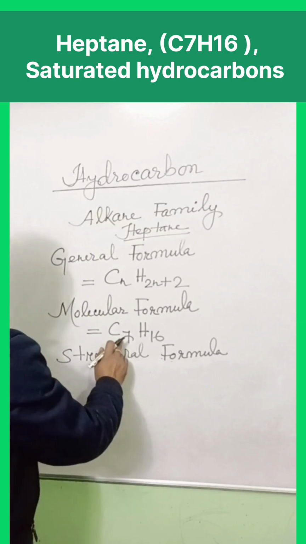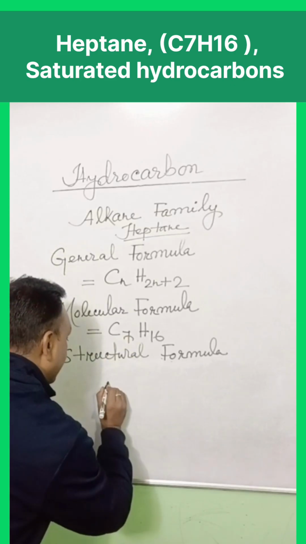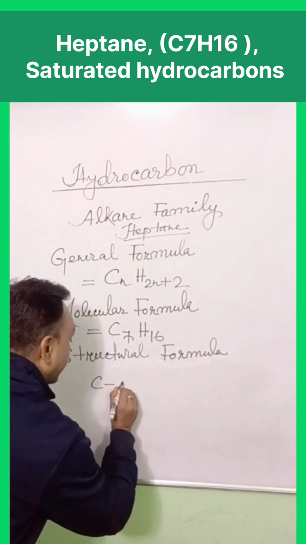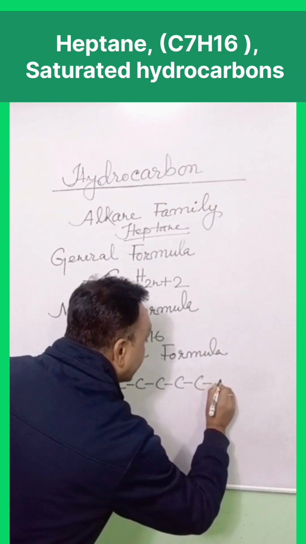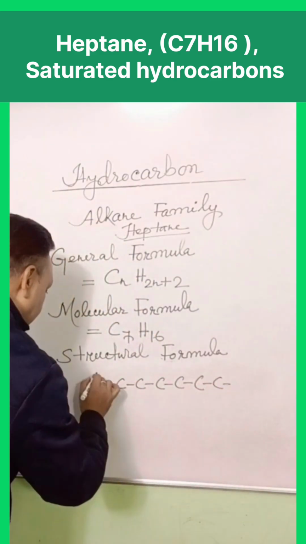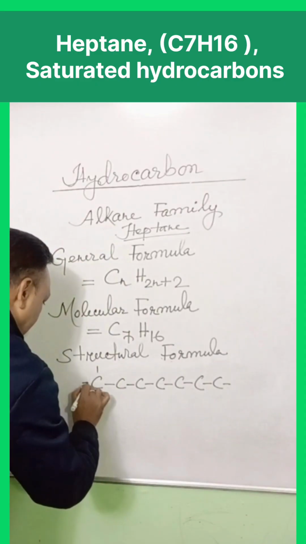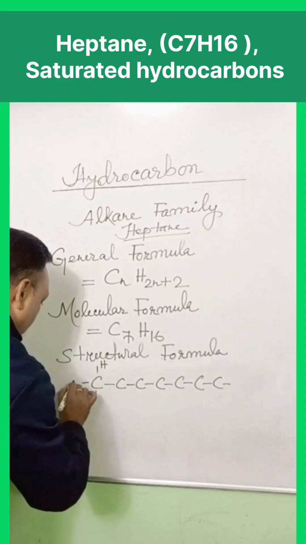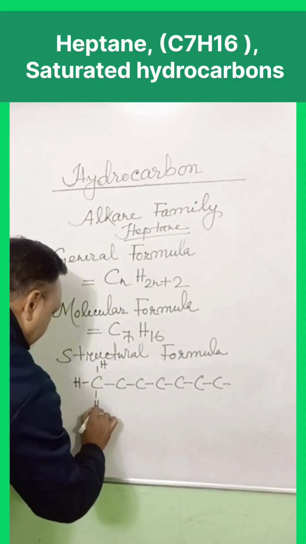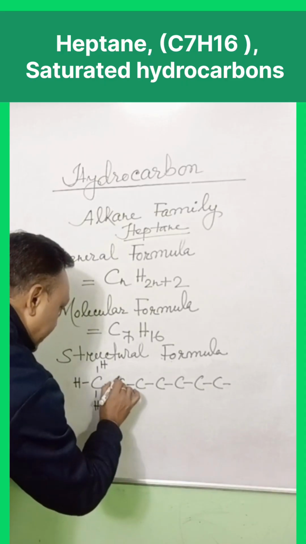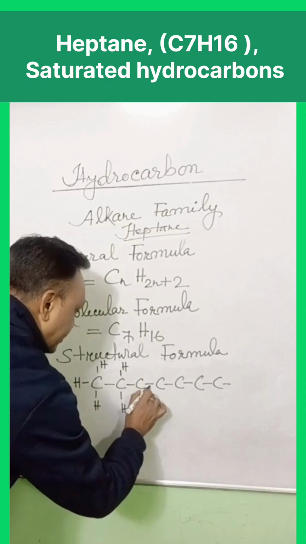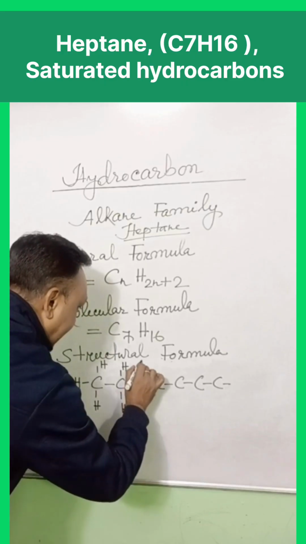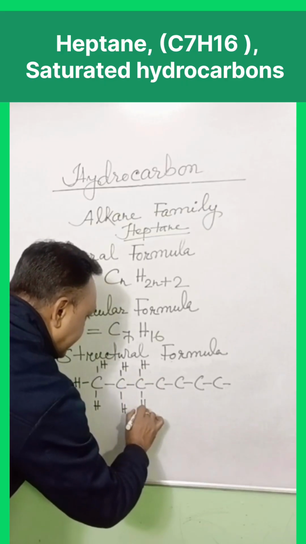Since the number of carbon atoms is 7, directly I will write the 7 carbons: 1, 2, 3, 4, 5, 6, 7. The first carbon can hold 3 hydrogens. The next carbon already has 2 bonds, so it can hold another 2 hydrogens. The next is the same, 2 hydrogens.